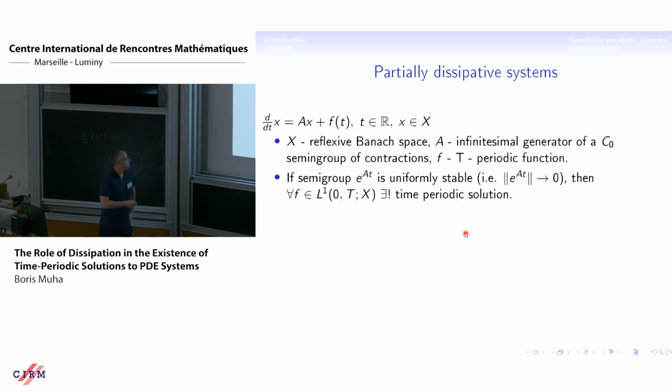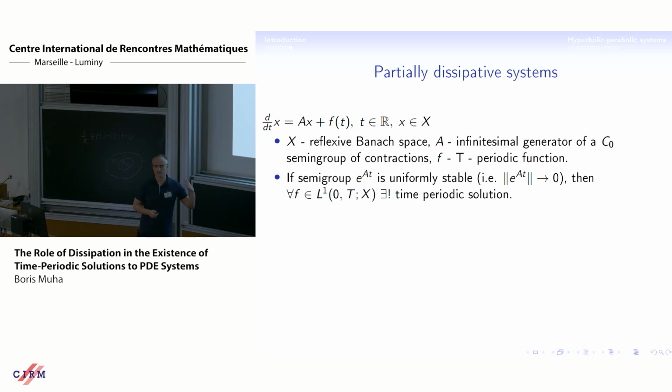So this is interesting. What was the intuition from the examples? We said the wave equation does not necessarily have a periodic solution for all right-hand sides. The heat equation will have it.